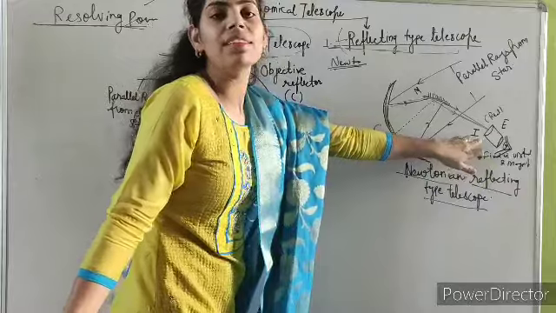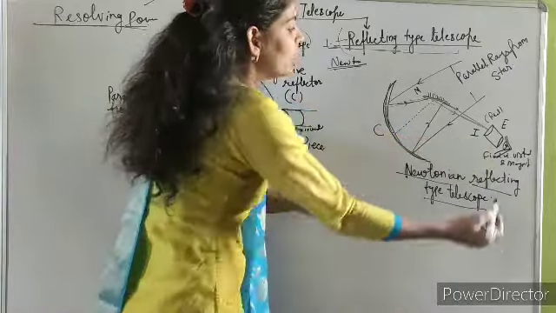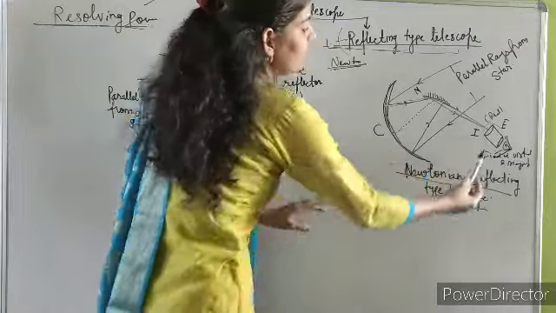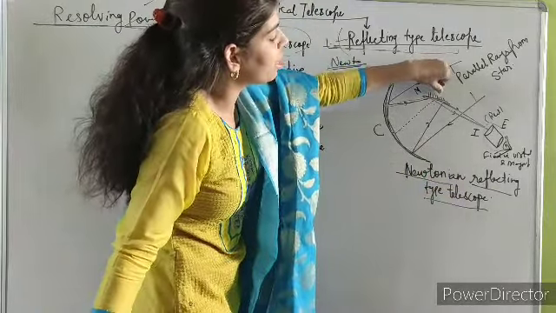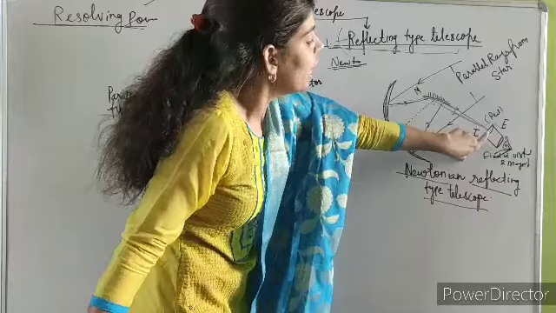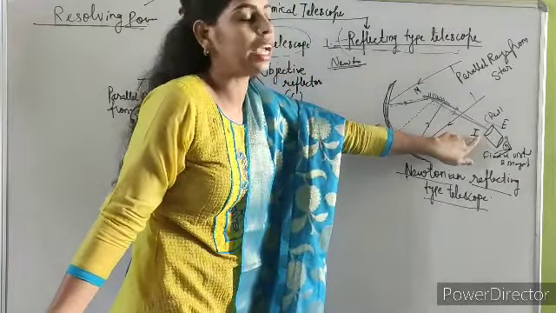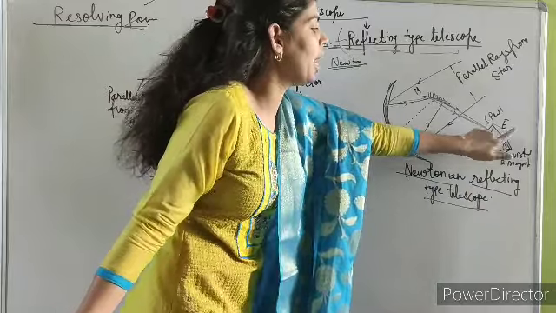to the eyepiece. Here I have placed the second lens, the eyepiece lens. This plane mirror reflects the light and an image is formed at the eyepiece.